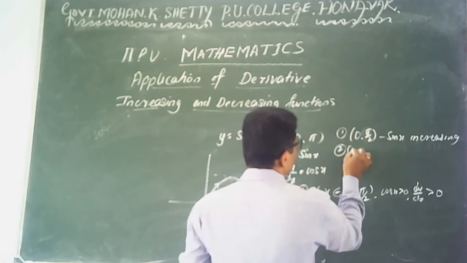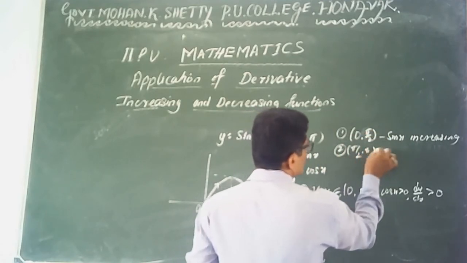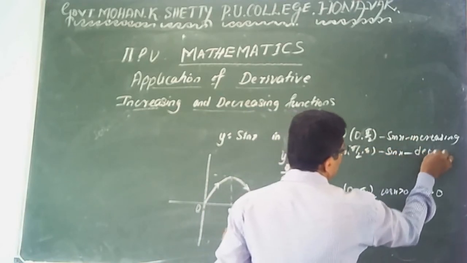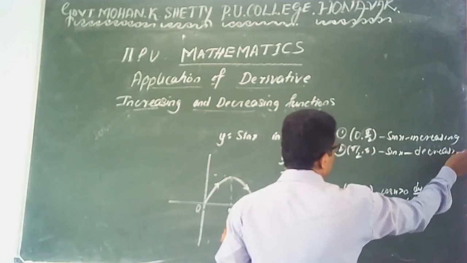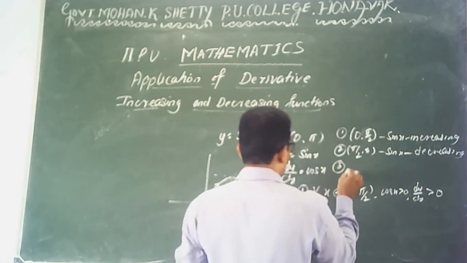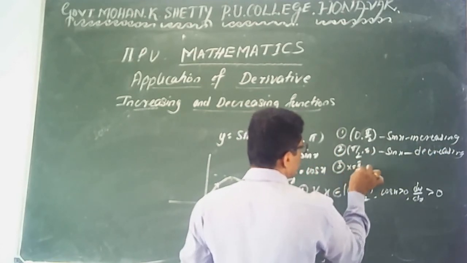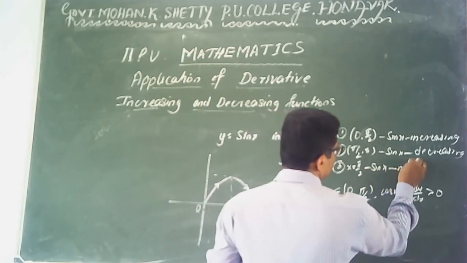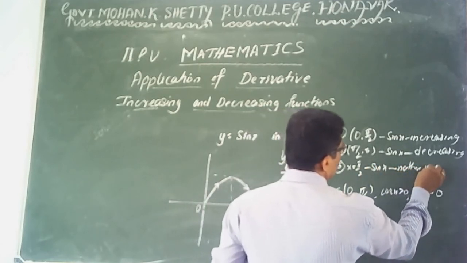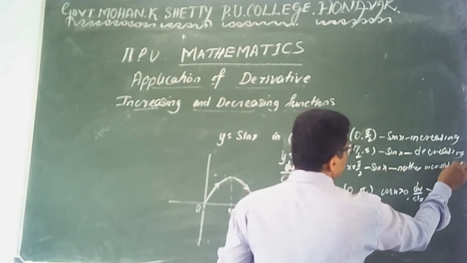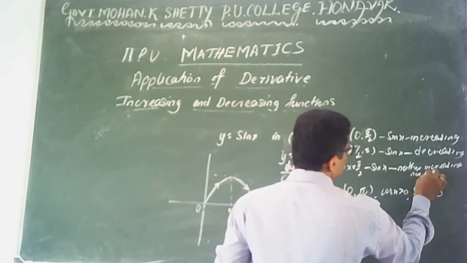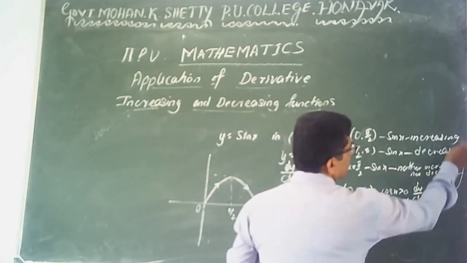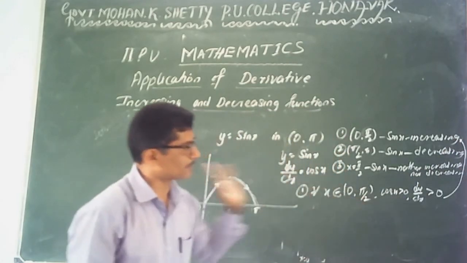Second case, pi by 2 to pi, you know that the sine function is decreasing. Third one, at the point x is equal to pi by 2, sin x is neither increasing nor decreasing. Is it clear? Therefore, this is true by the calculus method.